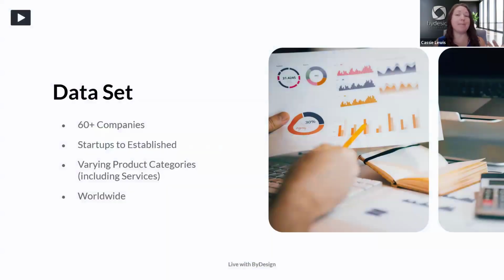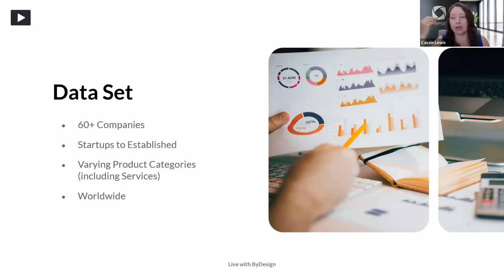So just a little bit about the data set, because I always say you've got to define your data if you're going to trust your data. I've looked at over 60 companies, from startups to well-established, in varying product categories, including service companies versus physical product companies.